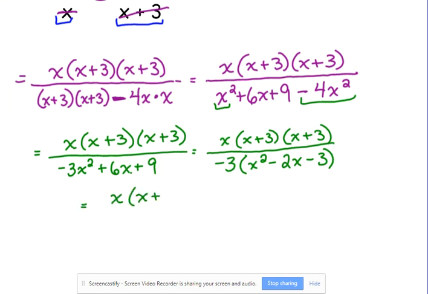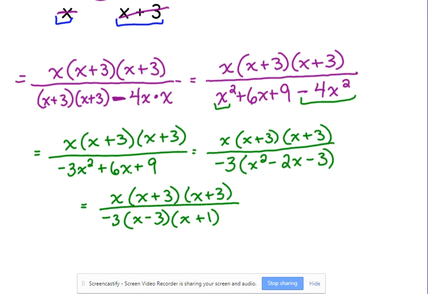We're almost there. That is x minus 3 times x plus 1. Prime example of a situation where you must be careful with your signs. It's negative 3 plus 1 that multiplies to give you negative 3 and adds to give you negative 2.